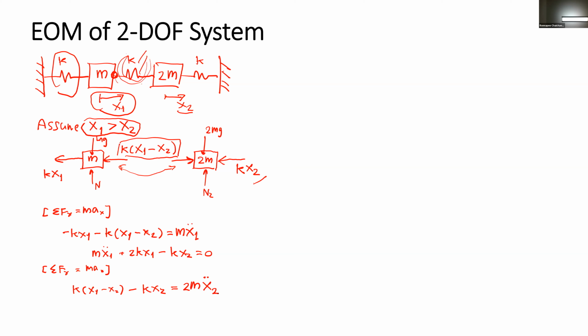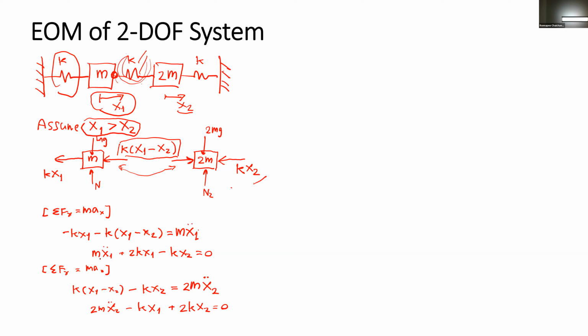So again, we rearrange the equation to separate the terms. So we have 2m x2 double dot minus k x1 plus 2k x2 equal to 0.